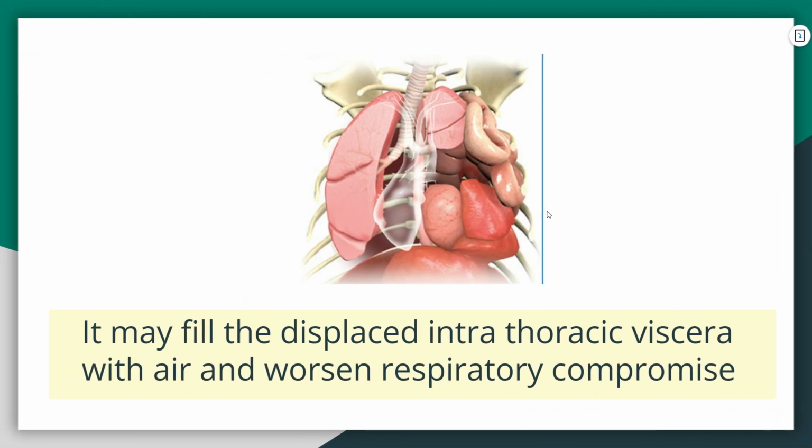Whereas in case of diaphragmatic hernia, where there is lung hypoplasia and many of the intestinal organs are in the chest cavity, the air which goes to the esophagus will come to the stomach, which is in the pleural cavity here. It may fill the displaced intrathoracic viscera with air and it will worsen the respiratory compromise.